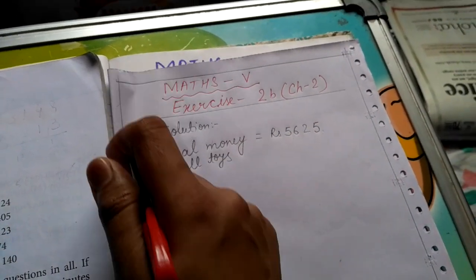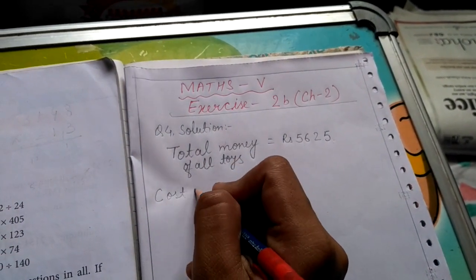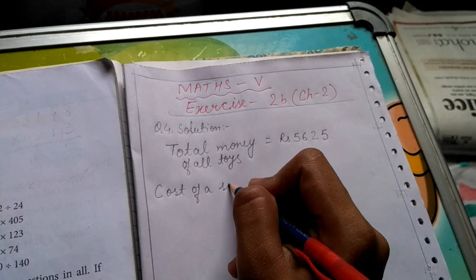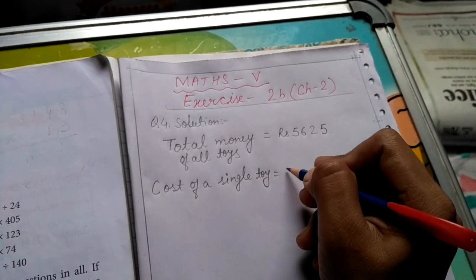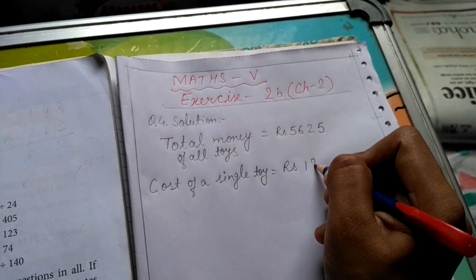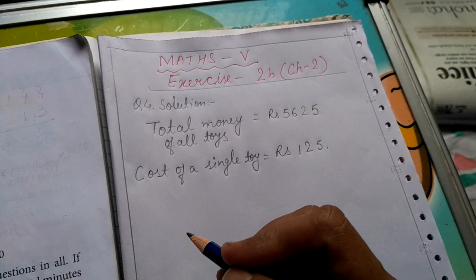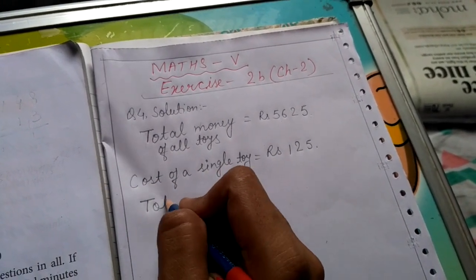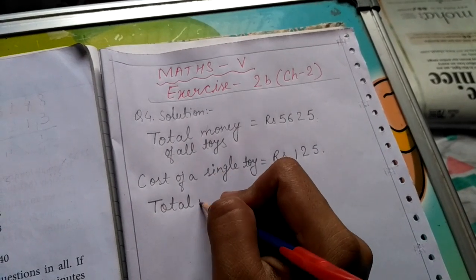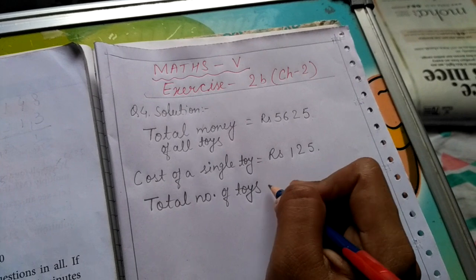And the cost of a single toy is equal to rupees 125. Now we have to find out the total number of toys.